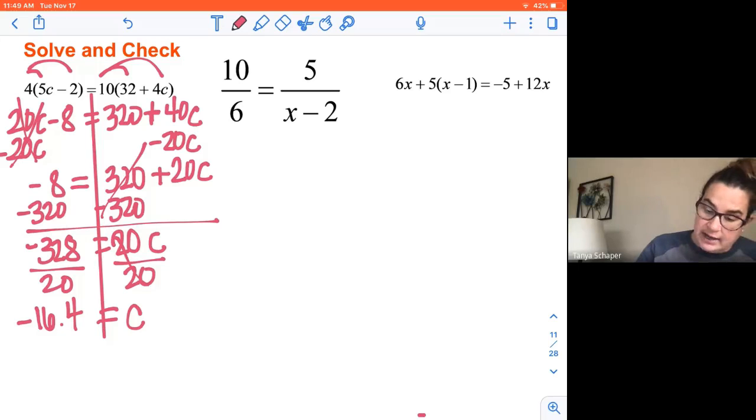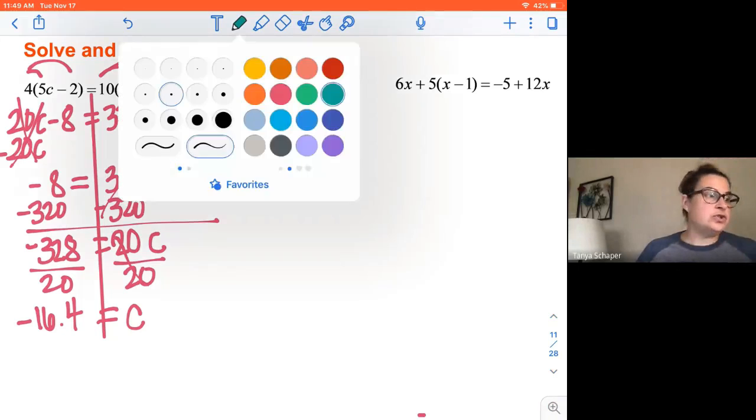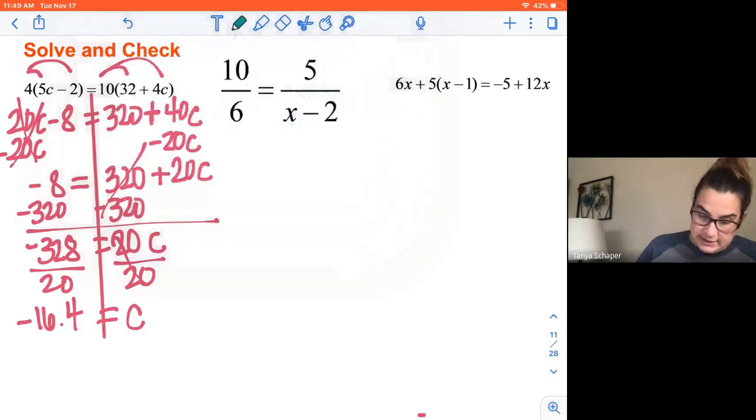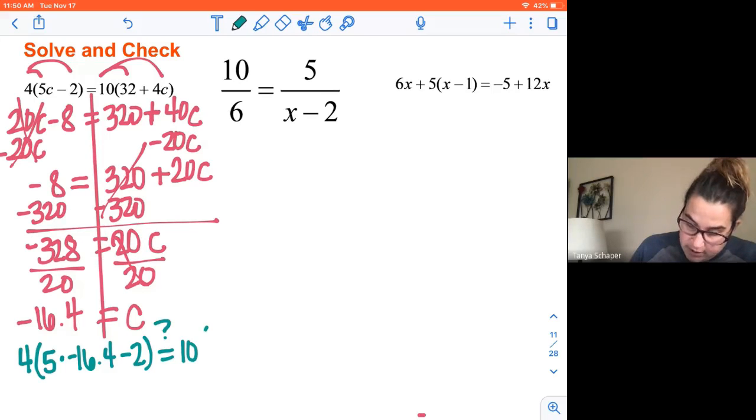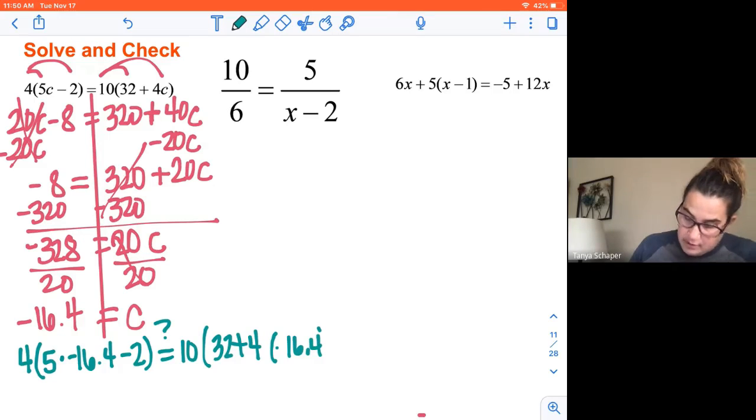And then to check it, because checking it is so important, I'm going to take 4 times the quantity 5 times negative 16.4 minus 2, the same as 10 times the quantity 32 plus 4 times negative 16.4. And if I did all of my calculations right, that should be true.